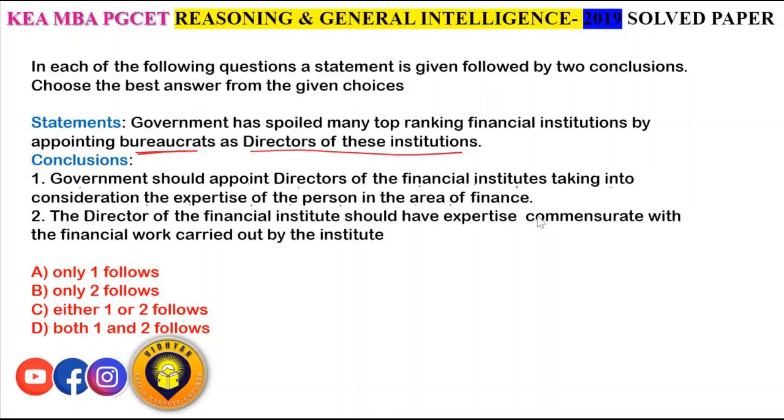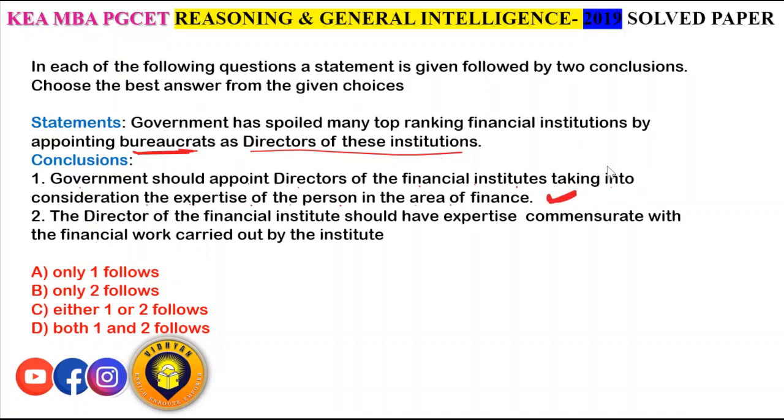Okay, if you place someone else, they cannot take wise decisions, right? So the person whom we have to appoint as a director should have expertise in the area of finance. So this is true, because here we can see, because government had appointed bureaucrats, who may not have had this expertise in the area of finance, the financial institutions spoiled or went down in the rankings. So this is true, correct?